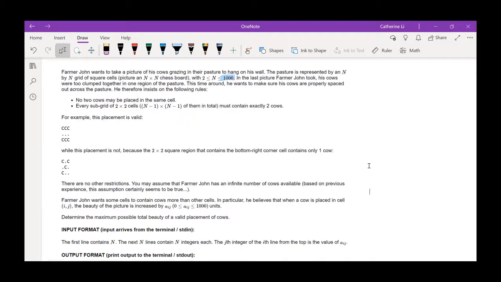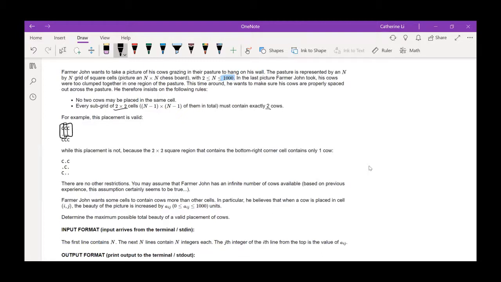There's only one possible cow for each cell, and we're also given the condition that every 2 by 2 subgrid is going to contain exactly 2 cows. For example, this 2 by 2 has these 2 C's, and the dots are no cow.